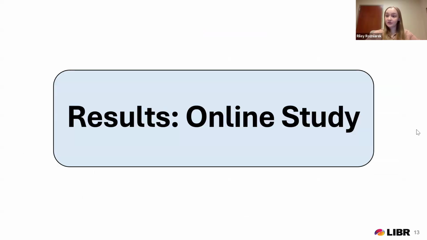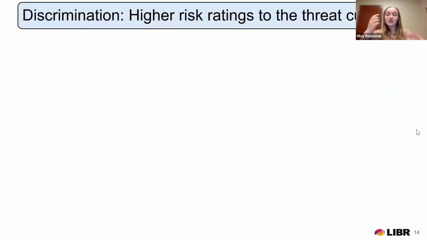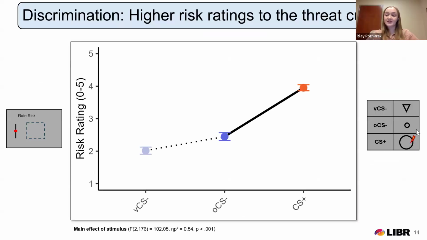Getting into the results of this study, in the discrimination phase, or when they're tested on what they've learned so far, we can see that individuals had higher risk ratings to the threat cue or CS plus in orange compared to the safety cues in blue, showing that they did learn that basic threat association.